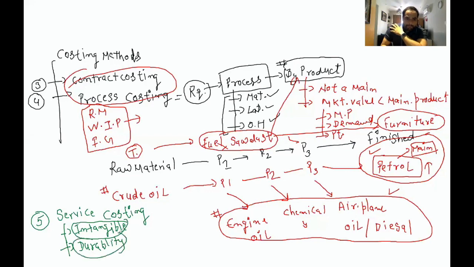Durability means you cannot store in advance. The meaning of durability is something that you can use in the long term, right? But services, you cannot store them, so you cannot use them in advance. I mean, you cannot use them in the future, right?